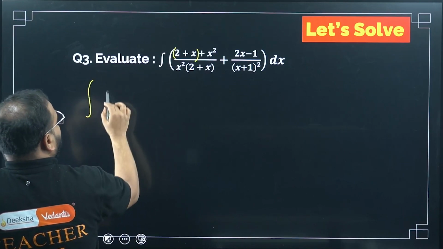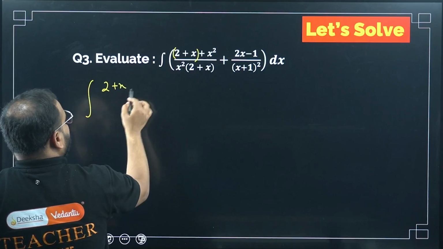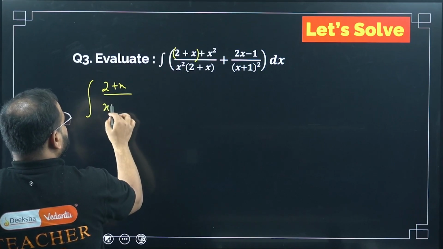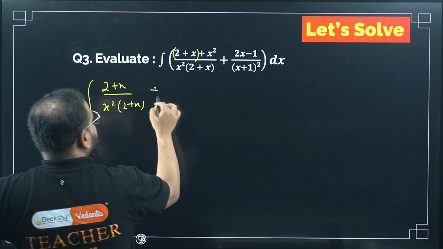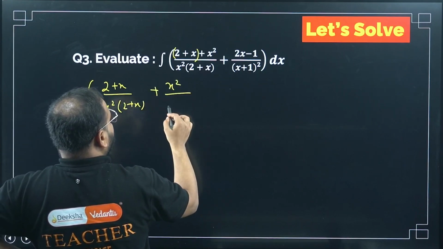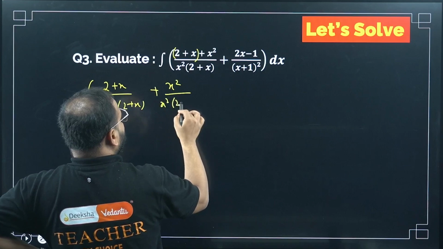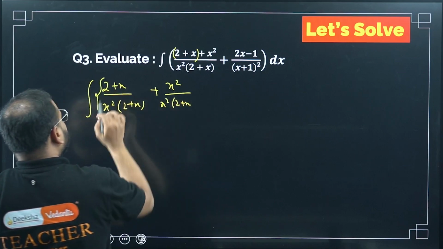So integration of 2 plus x upon x square times 2 plus x, plus x square times 2 plus x, this is over the whole thing.